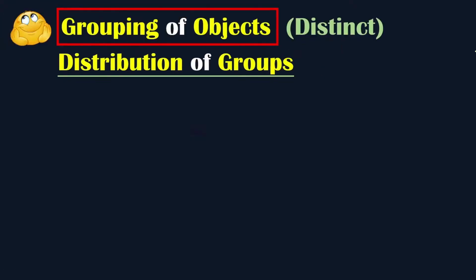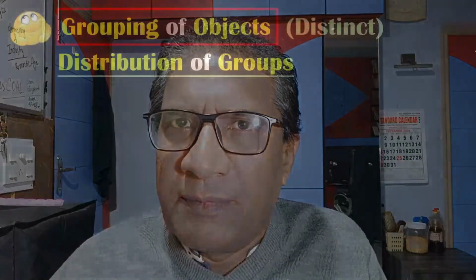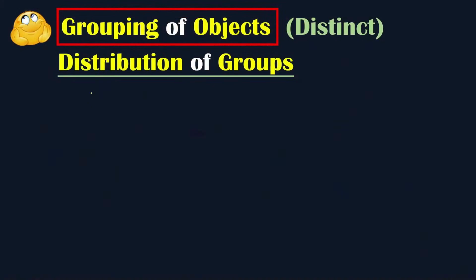So far, in all the illustrations we have seen, the group sizes were unequal. Now we will consider what happens if the group size becomes the same. Let us check it.